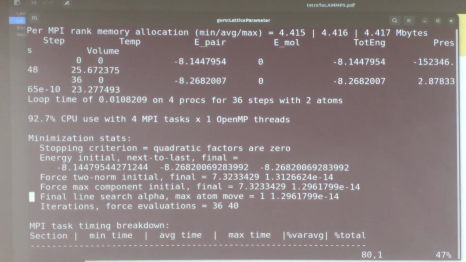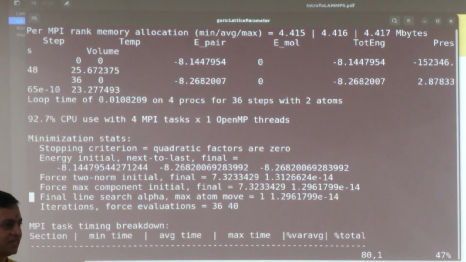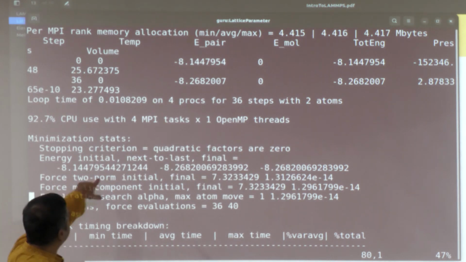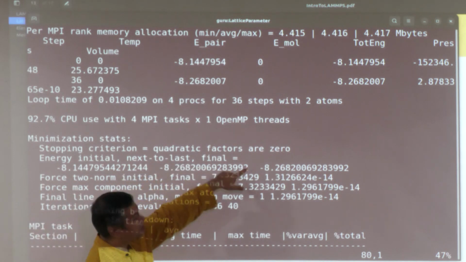Now, look at the stopping criterion. I started from the other side. Okay. I told you yesterday that it is always better to start from this side, but from a minimization point of view, you can see that if you have a steep slope, you will get to the bottom much better than if you have a gradually changing one. And here the stopping criterion is because quadratic factors are 0.